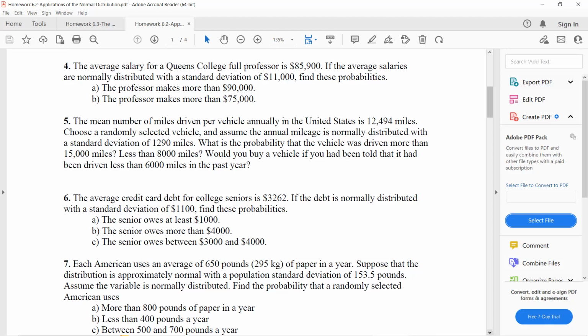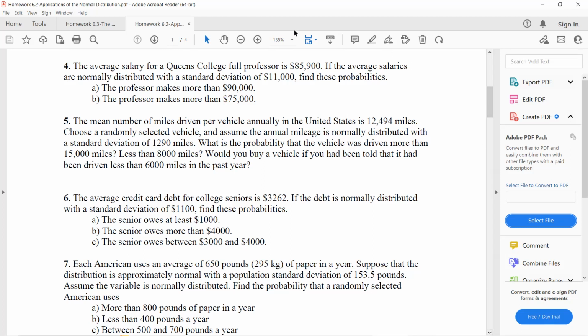And so here we're looking at more than 90. So probability of makes more than $90,000. So 90,000 is your X for that one, right? Minus 85,900.